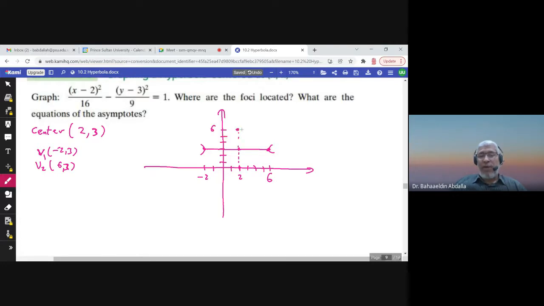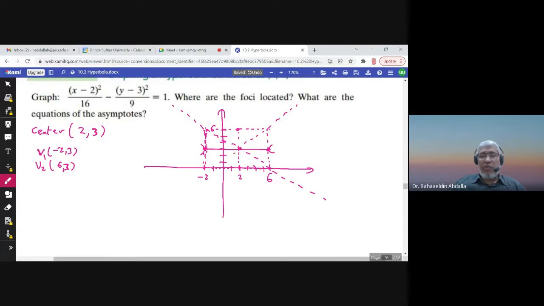And now I draw the fundamental rectangle. This is the fundamental rectangle. And then I draw the asymptotes, the diagonals of the fundamental rectangle.